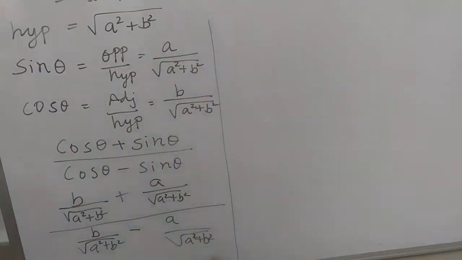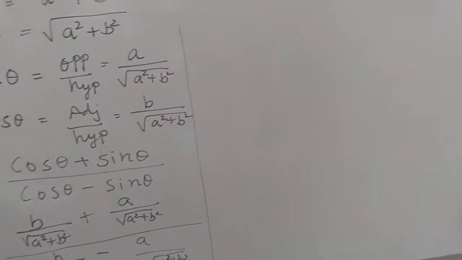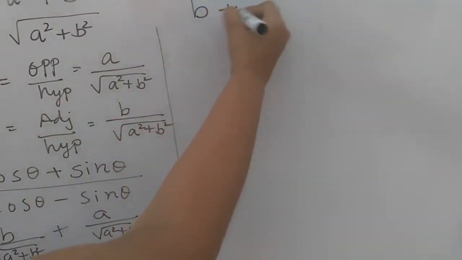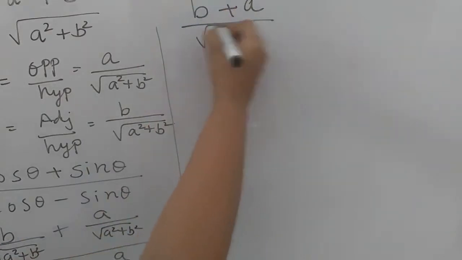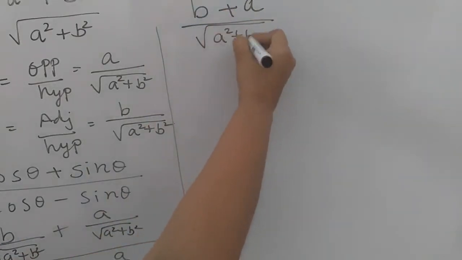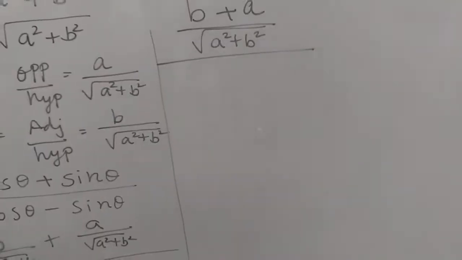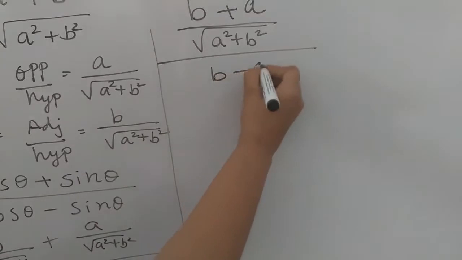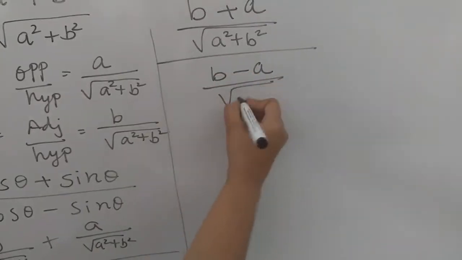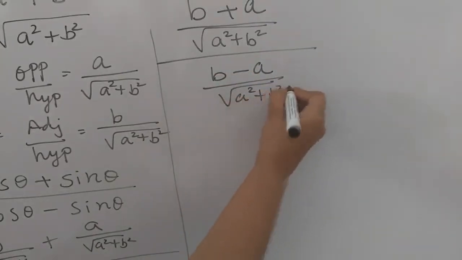Now we'll solve further. See here, the denominators are the same in the numerator and also in the denominator. So I'll write accordingly in the numerator b plus a, or a plus b you can write, upon square root a square plus b square, and in the denominator it will be b minus a upon square root a square plus b square.